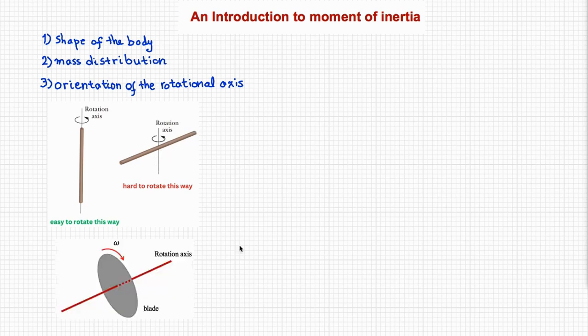Now consider a blade of a table saw rotating with a constant angular speed omega about its rotation axis.